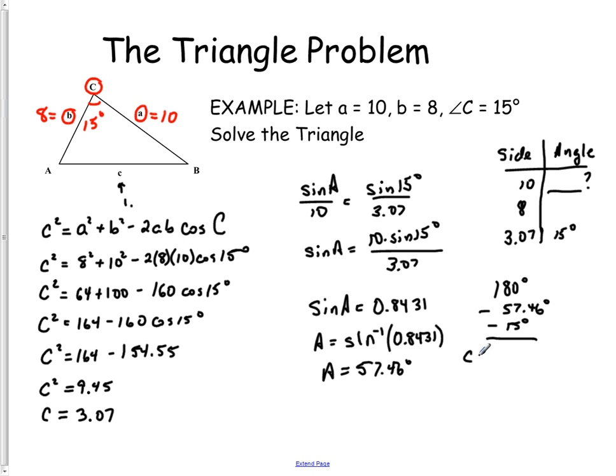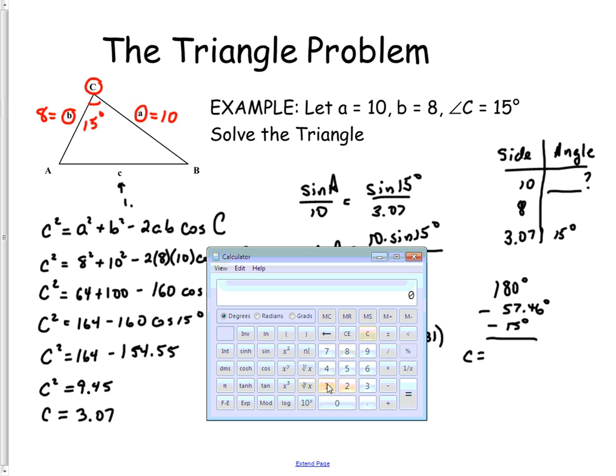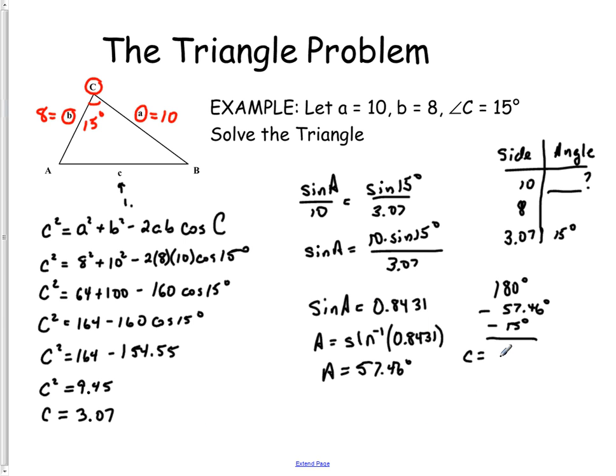So angle B would have to be, if that were the case, 180 minus 57.46 minus 15 degrees, 107.54. What's the problem with that? Well, that would make 107.54 degrees the largest angle. Well, not quite, right? The largest angle has to be here. So somewhere we made a mistake, and the angle right here that we need is this.